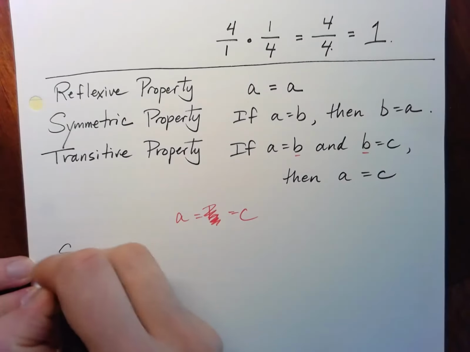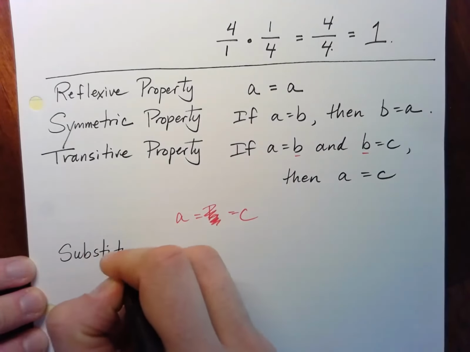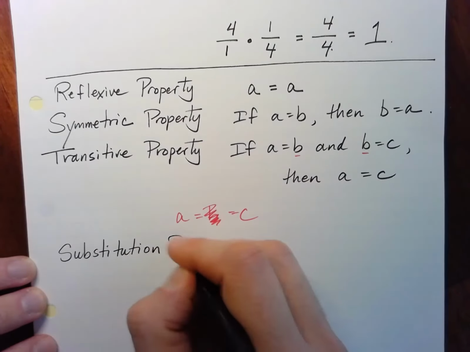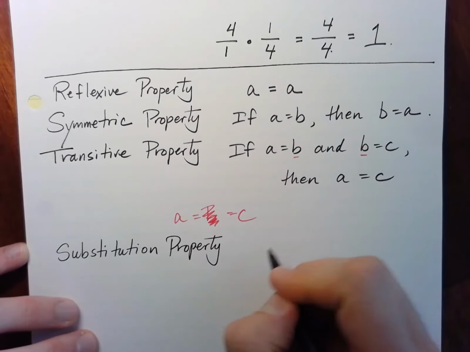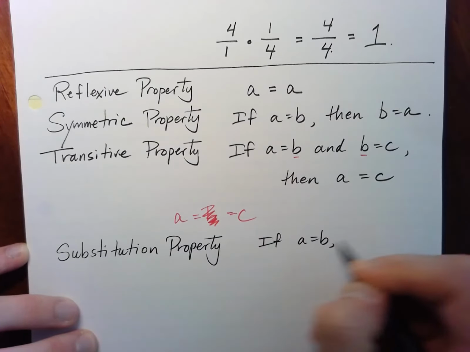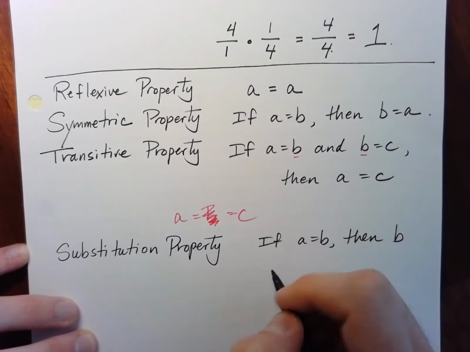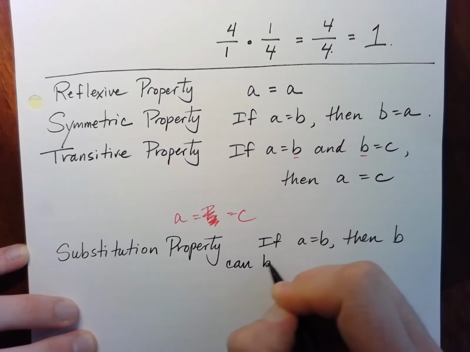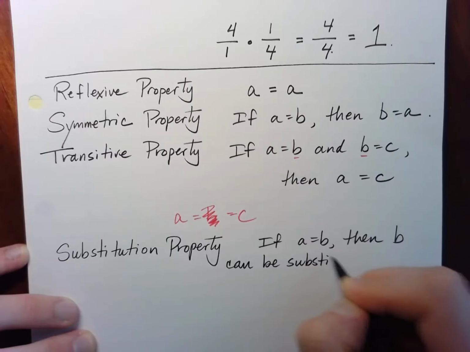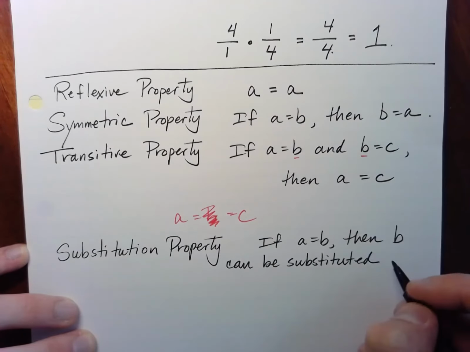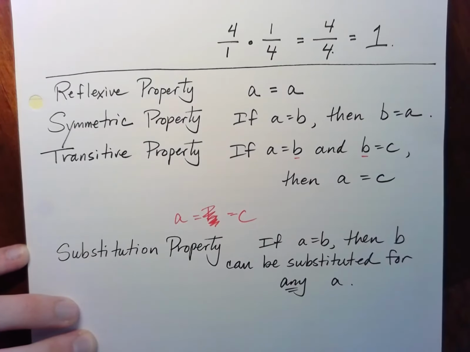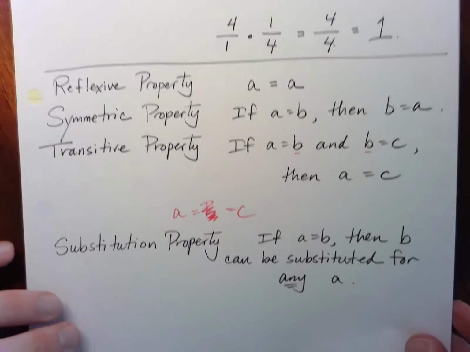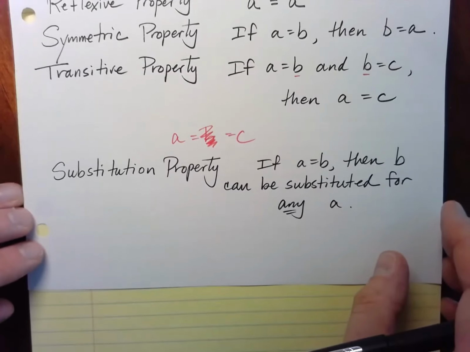And the last of these is substitution. The substitution property says that if a equals b, then b can be substituted for any a. So if a and b happen to be the same thing, then you can swap them out and everything works. Okay. All right?